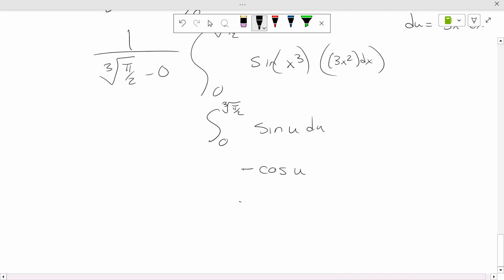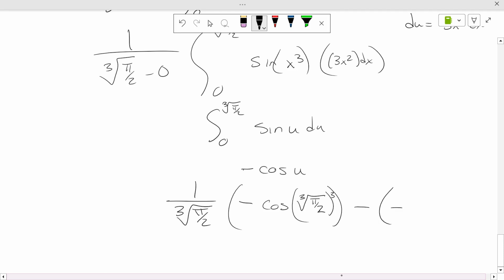So you have 1 over the cube root of pi over 2 times negative the cosine of the cube root of pi over 2 cubed, because it's x cubed, minus negative cosine of 0 cubed.